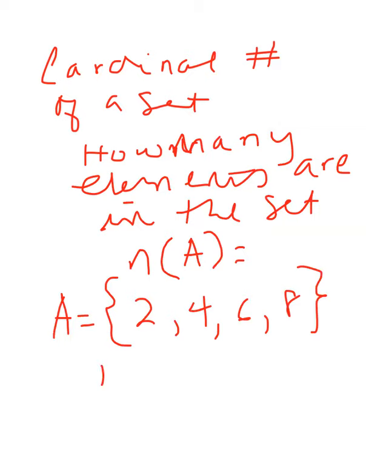You would say N of A is equal to 4 because there are 4 elements in the set, all right? So you need to know that term as well.